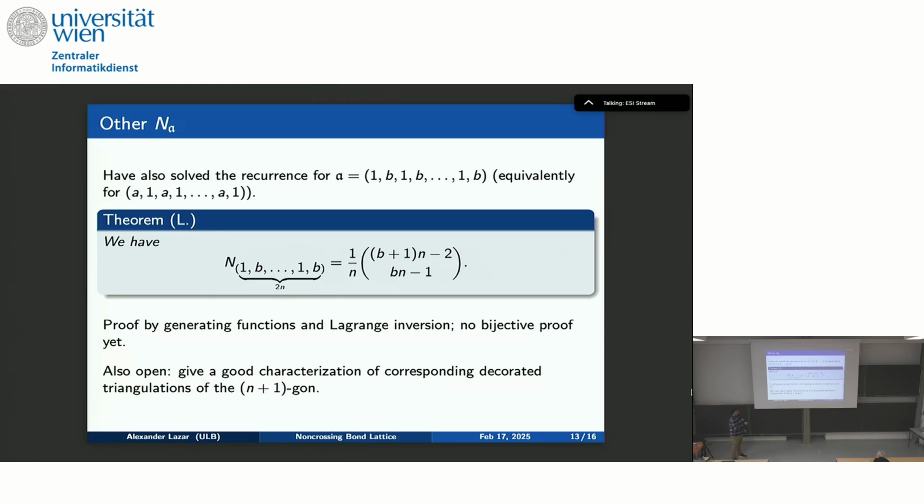And the proof is only by generating functions and Lagrange inversion. I don't have a bijective proof yet. And correspondingly, I don't have a good characterization of the chains we're counting, which ought to correspond to some kind of decorated triangulation. But it's unclear how to do it yet.